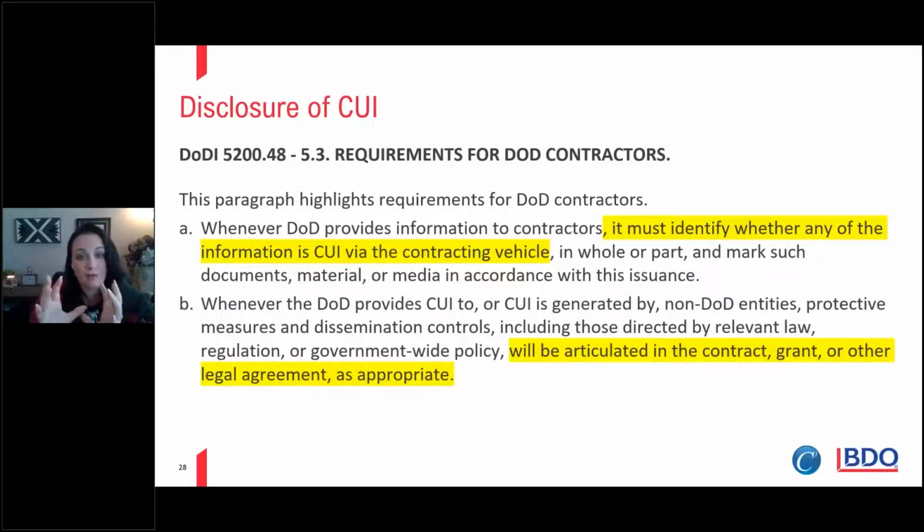We shove the CUI assets and the personnel who touch CUI into that authorization boundary, and that helps us establish what our network diagram looks like from there.